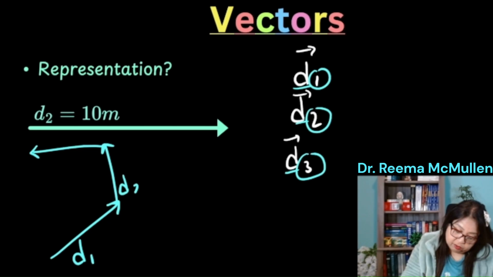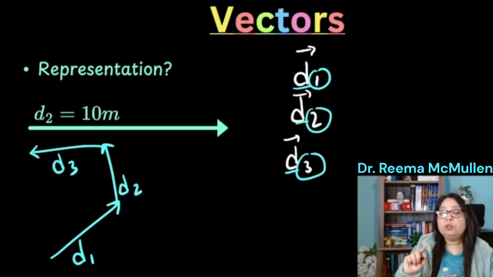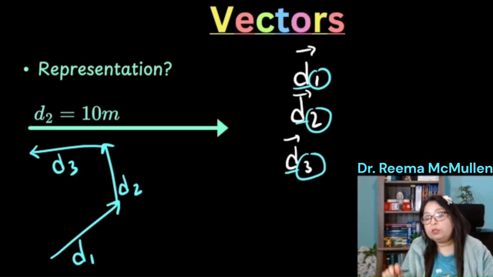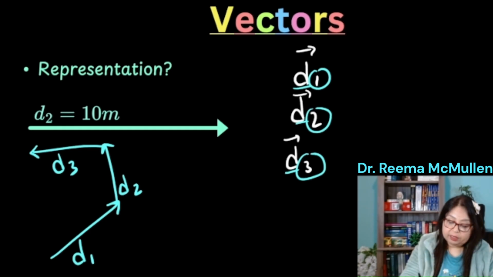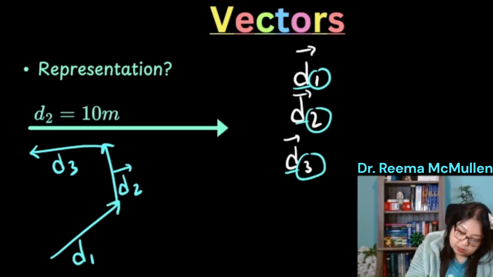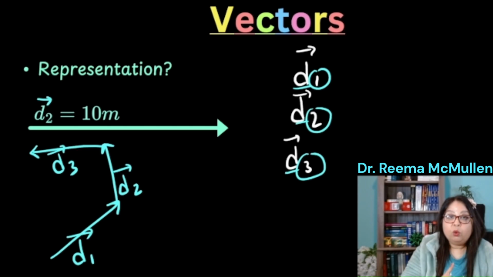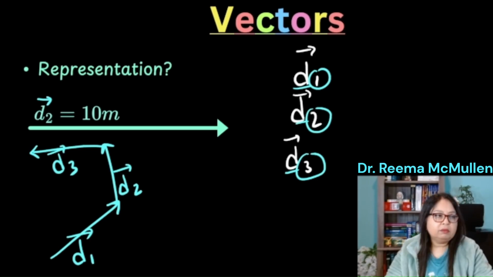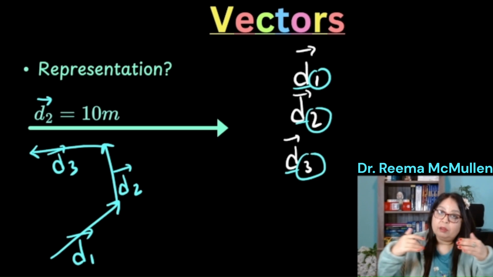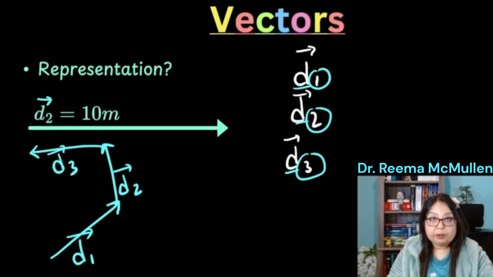By putting this subscript. How do we know that we're talking about displacement, which is a vector, and not the distance, which is a scalar quantity? For that, you will put this arrowhead over the quantity. This arrowhead over the symbol tells you that we are talking about a vector quantity. And in some books, in place of putting this arrow over the symbol, they will use a bold letter.